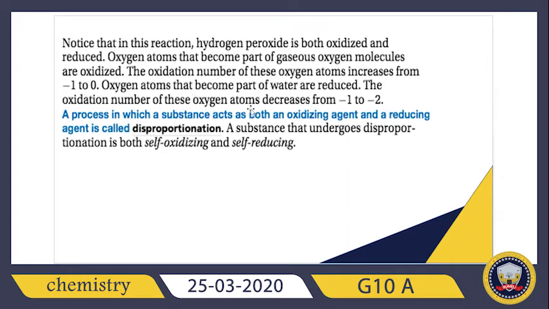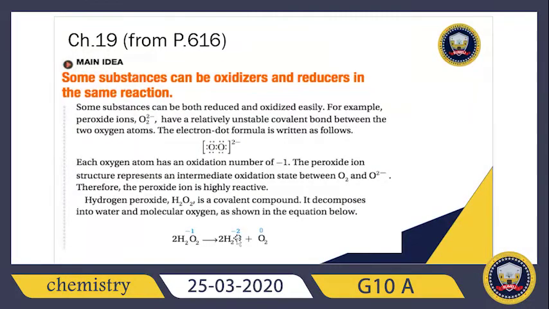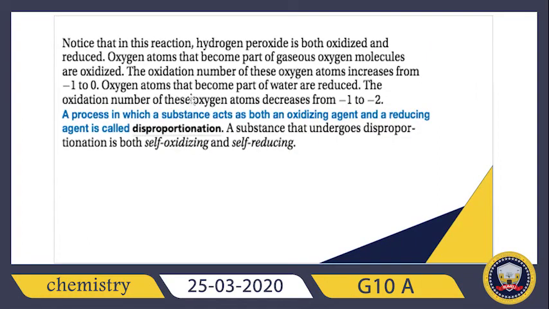Oxygen atoms that become part of water are reduced. Look, from -1 to -2. The oxidation number of these oxygen atoms decreases. As we took from the previous lesson, if the oxidation number increases, this is an oxidation process, and if the oxidation number decreases, this is a reduction process.